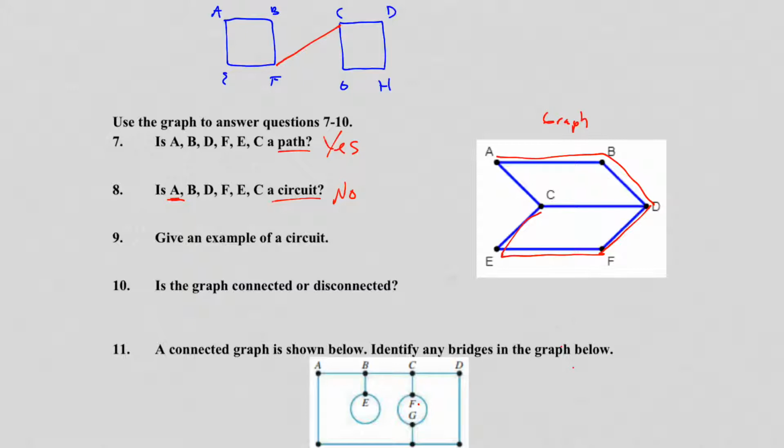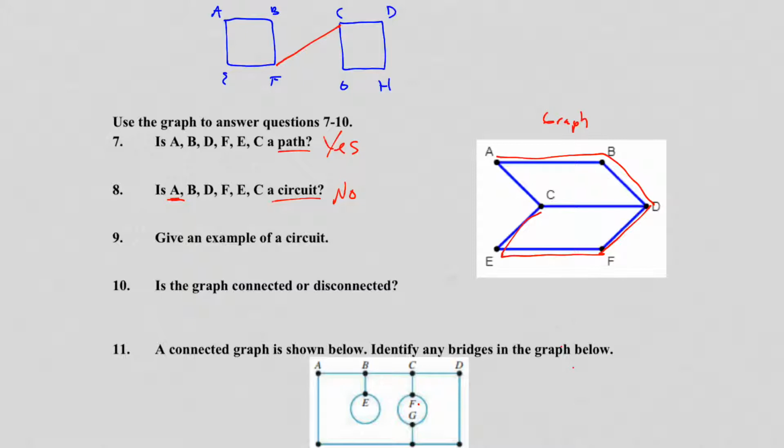Now, all we needed to do to make it a circuit is to complete one more path, right? So go ahead and write the correct circuit sequence for number 9. So it says, give an example. I mean, you can just use this one. Just add that extra letter, right? You got to go from here back to your starting place.